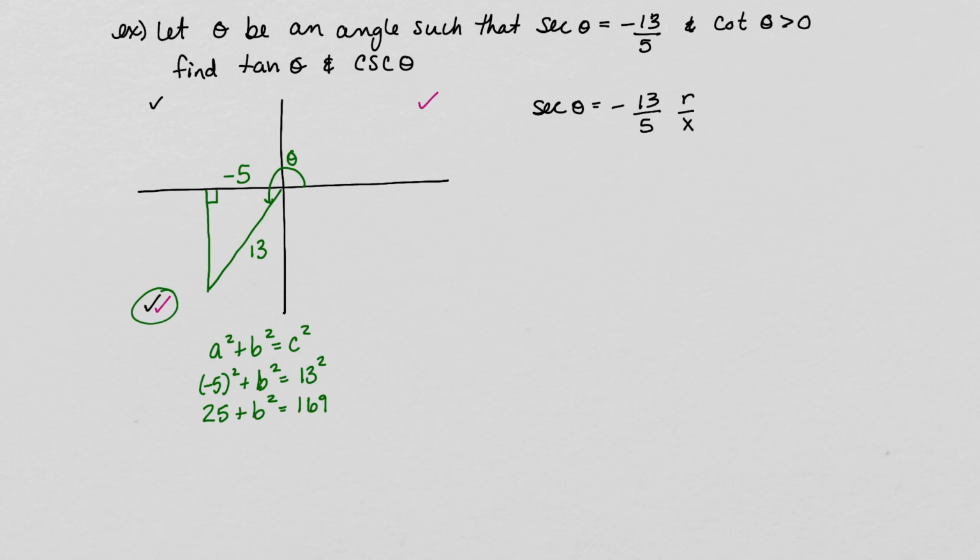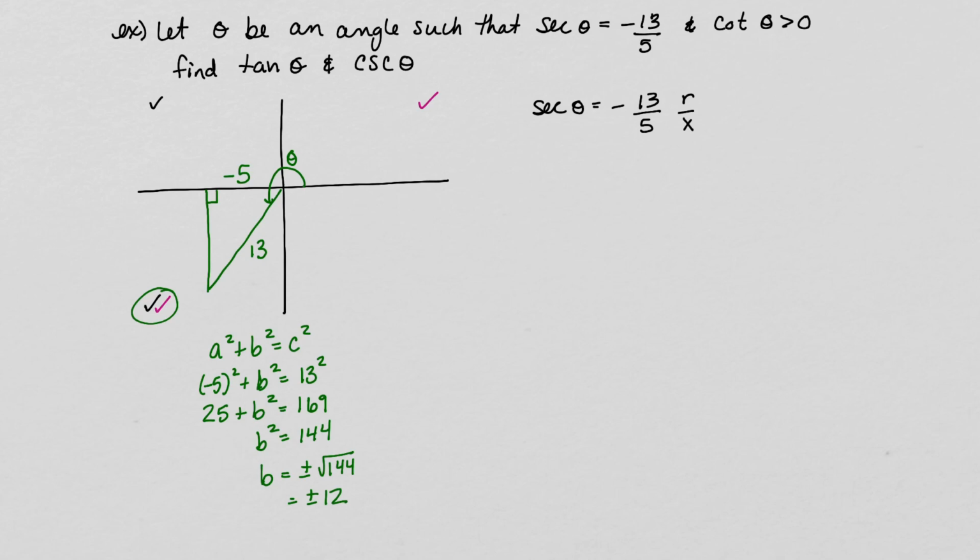R is always going to be positive. You can't put the negative with the r. If I subtract 25 from both sides, b squared is going to be equal to 144. So b is going to be equal to plus or minus the square root of 144, which is plus or minus 12.